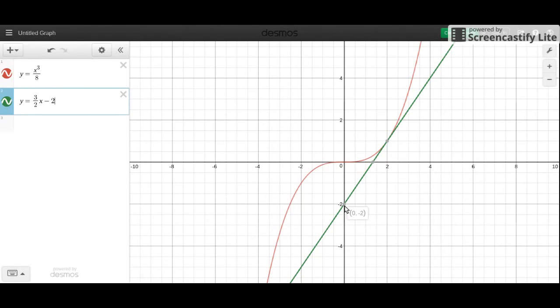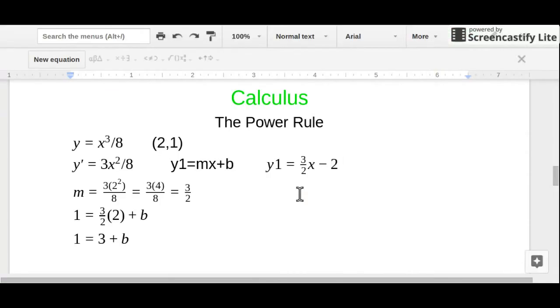And as you can see, it crosses right here at negative 2. It's our y-intercept. So I think that's going to conclude our power rule, and we'll be getting into whatever the next rule I have on the list is.